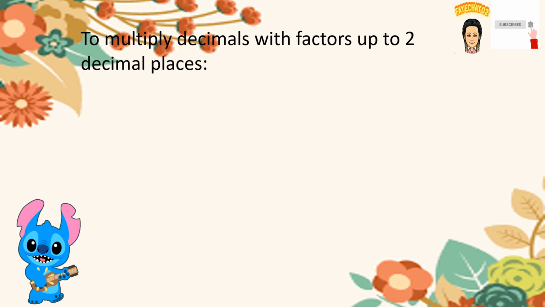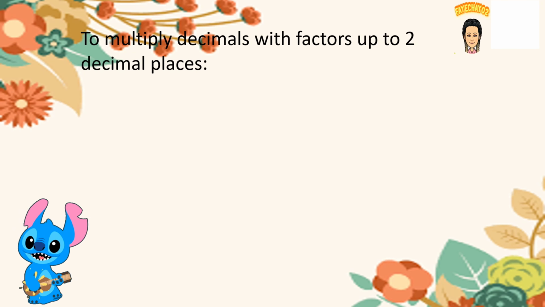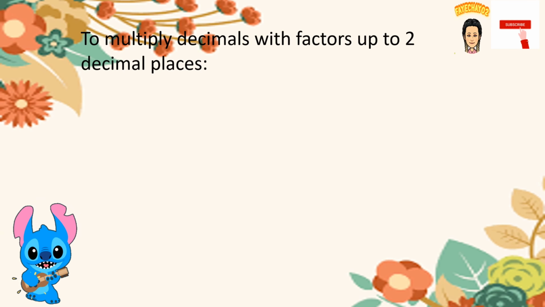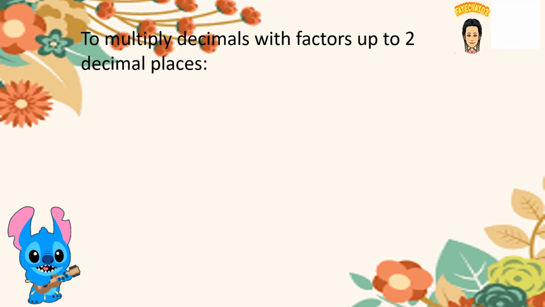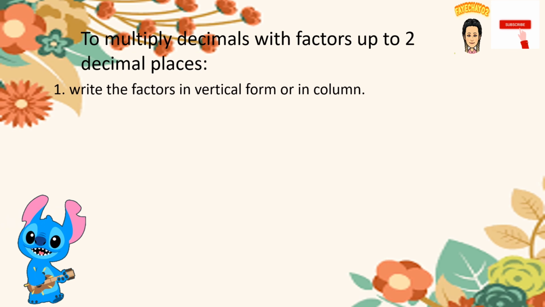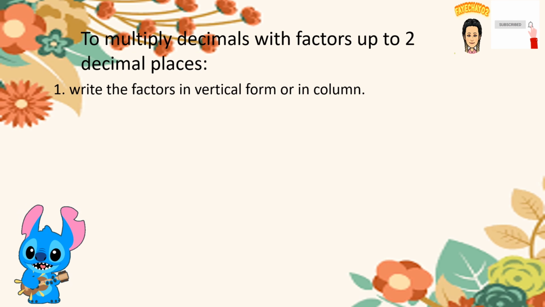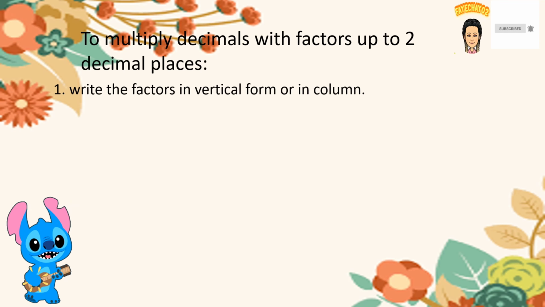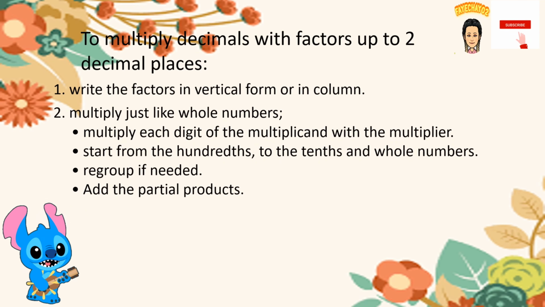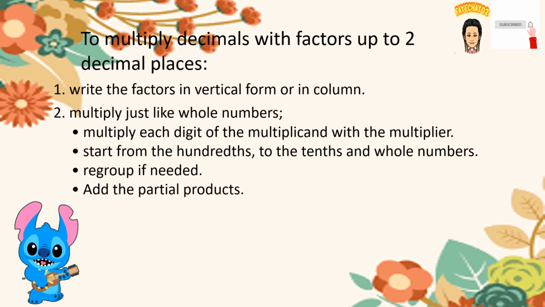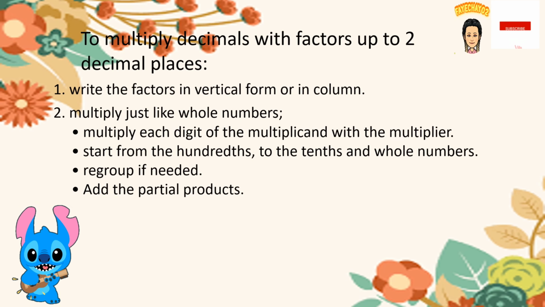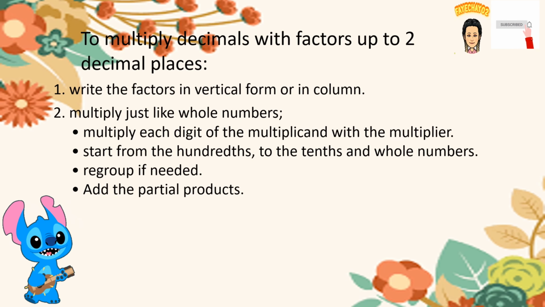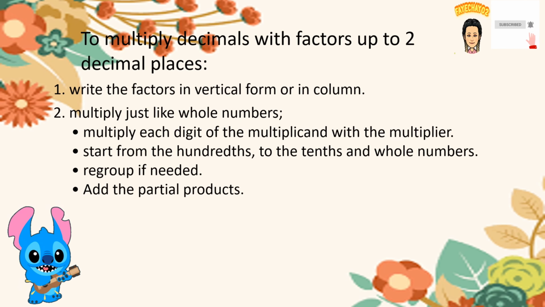To multiply decimals with the factors up to 2 decimal places, we have 3 steps to be followed. First, write the factors in vertical form or in column form. Second, multiply just whole numbers. Multiply each digit of the multiplicand with the multiplier.